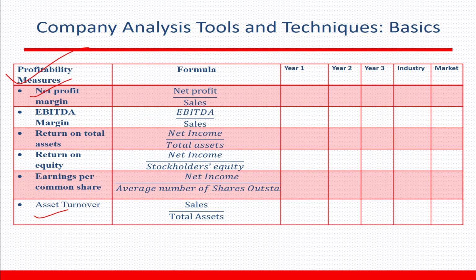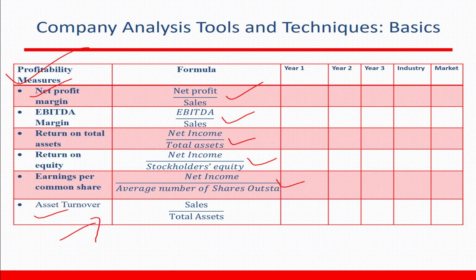How to compute each of these ratios, I have given the formula, right? You can find this information from one of the financial statements, and you can put it here and calculate. What I want to emphasize here is, how do you compare the performance of your company with others? There are a couple of ways you can do it.